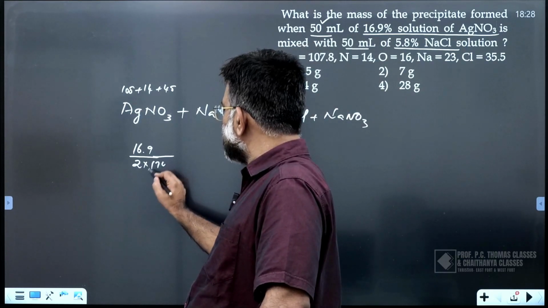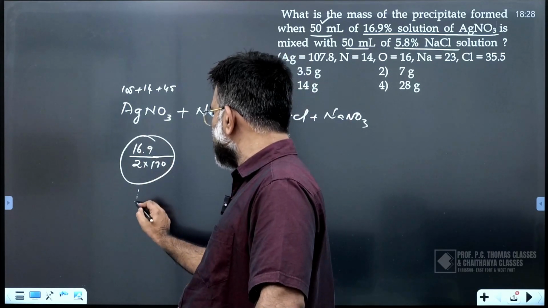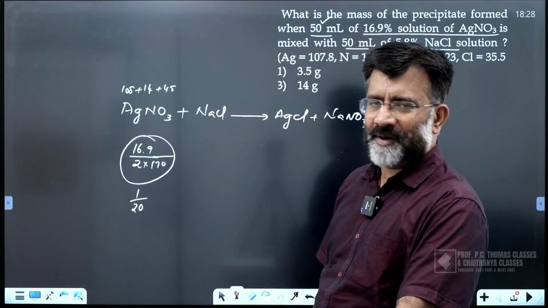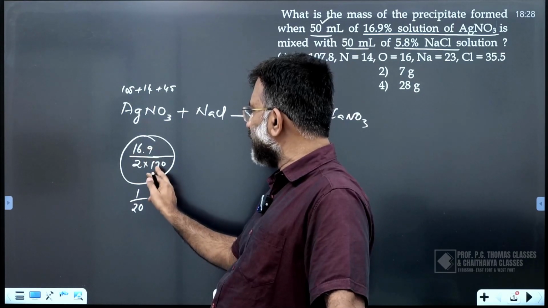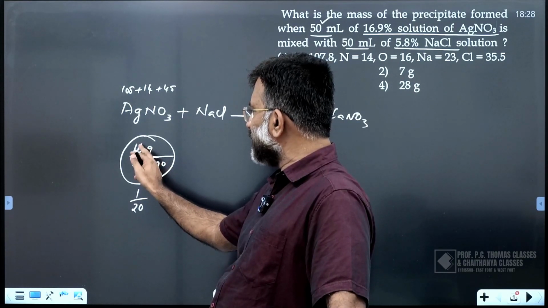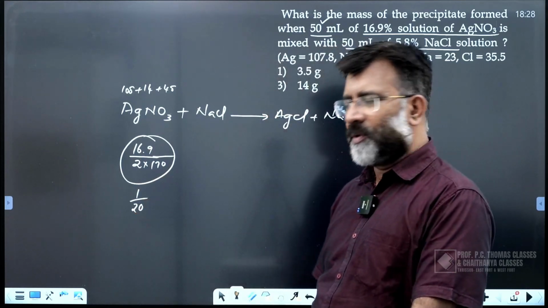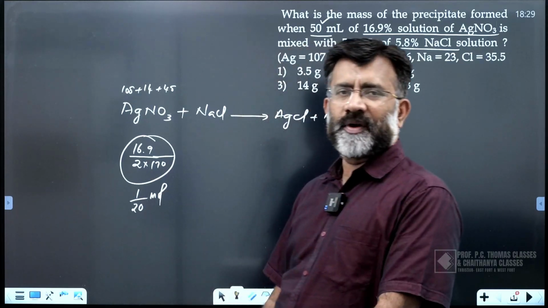So approximately this will come out to be 1 by 20, isn't it? You see that 16.9 and 17 cancel, and you get 1 by 20 mole. So approximately it is 1 by 20 mole silver nitrate.